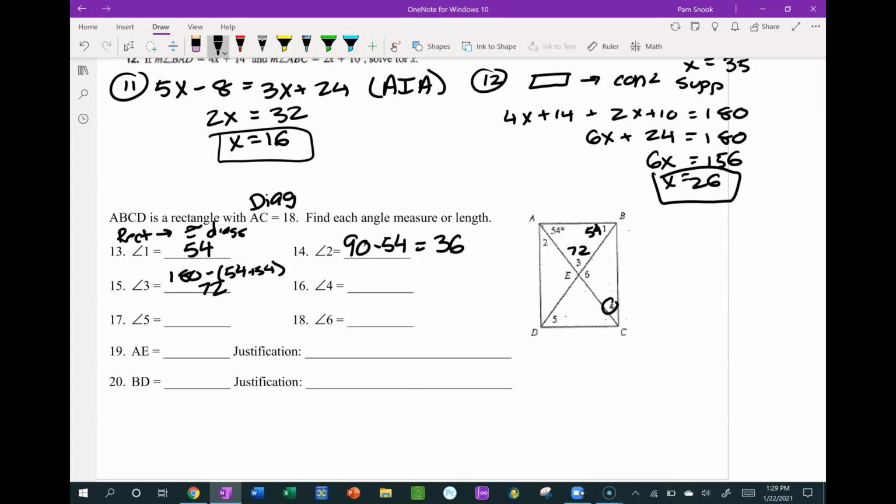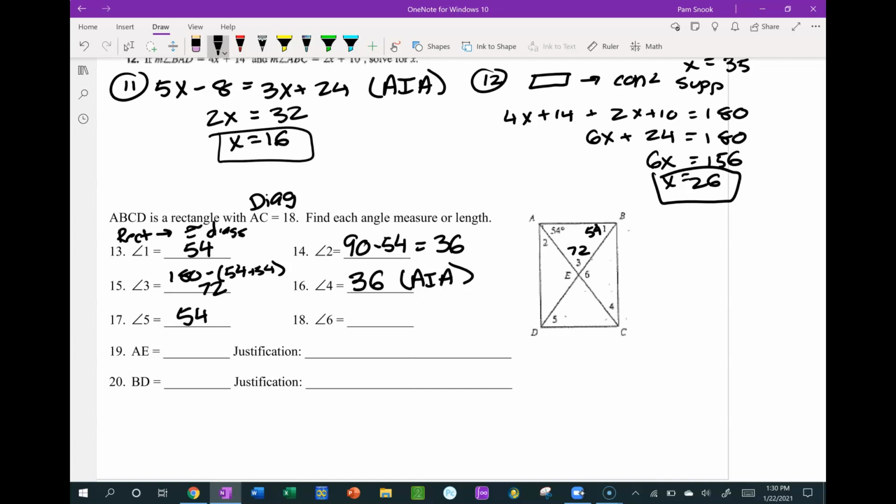So right here is angle 4. That one, check this out, parallel, parallel, transversal. So angle 4 is AIA with angle 2. Angle 2 I already know is 36. So angle 4 is also 36. Angle 5. Angle 5 is AIA with angle 1. So 54.